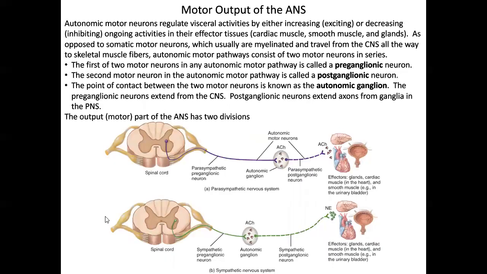If I go back to this page, we can see that. The first neuron is shorter than the second neuron. It doesn't really do it great justice, but it is shorter here and then longer here. We see the opposite for the parasympathetic. It goes long and then short. And you'll find out why that is.